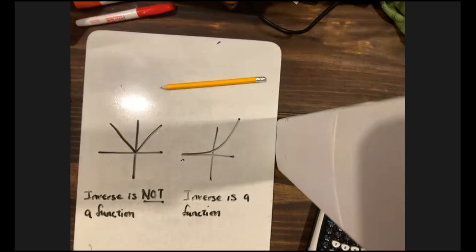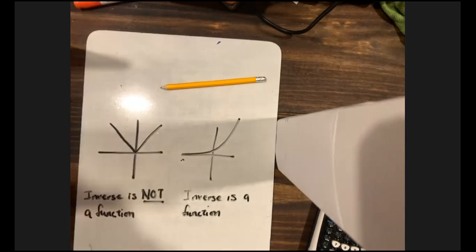Okay. Now let's talk about how to actually graph the inverses of these. Now, one of the things that was mentioned in one of the previous ones is that the domain of a function becomes the range of the inverse, and the range of a function becomes the domain of the inverse. Okay. So basically what we're doing here is we're switching X's and Y's. And we saw that same thing also when we were creating an inverse graph, or an inverse function.